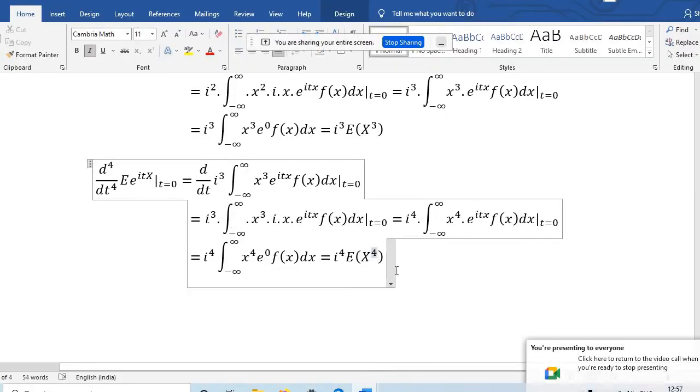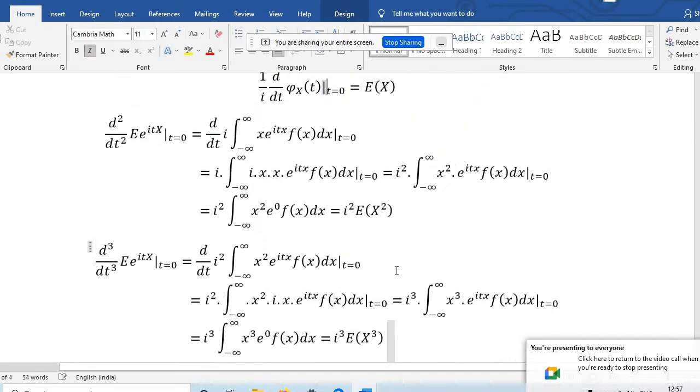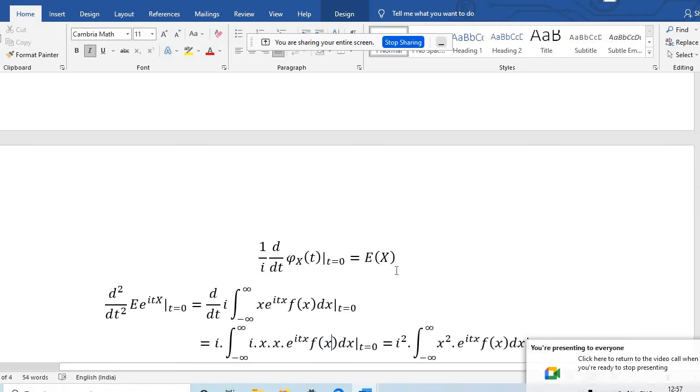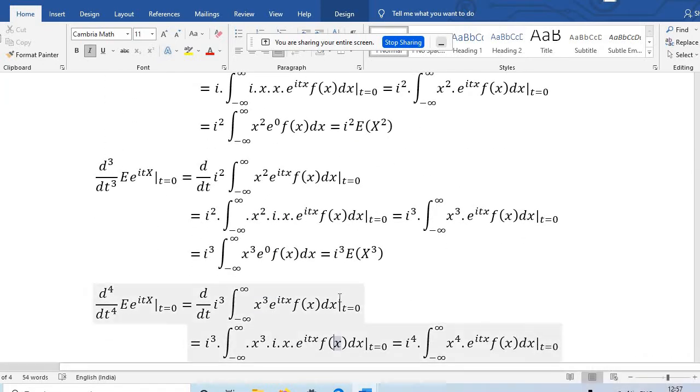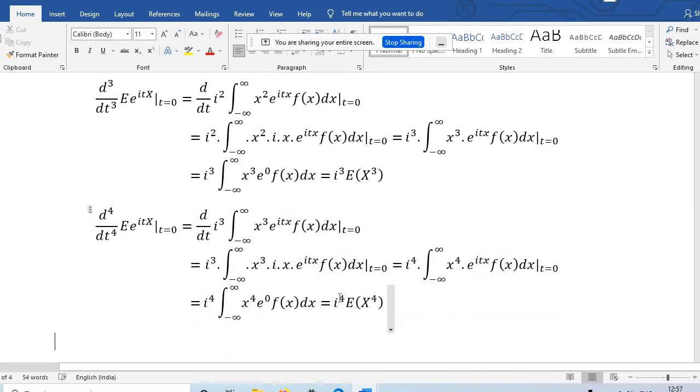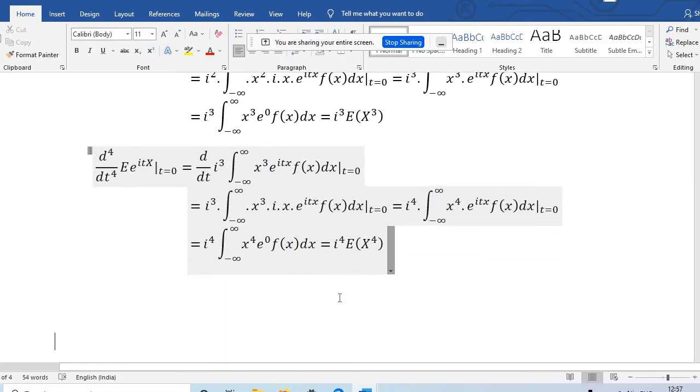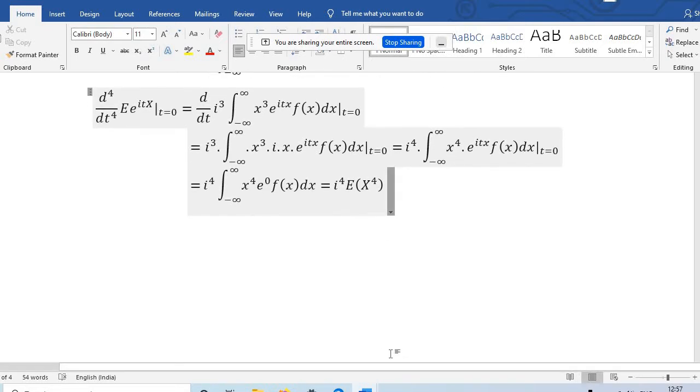So in this way you can find out all the raw moments, and you see that a characteristic function always exists, so that you can find out the mean or any raw moments using this characteristic function by differentiation technique. Okay, that is the advantage.